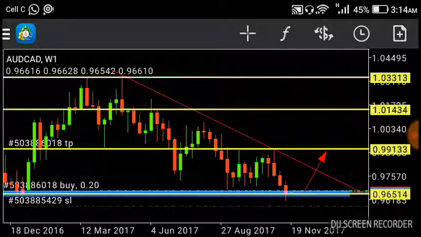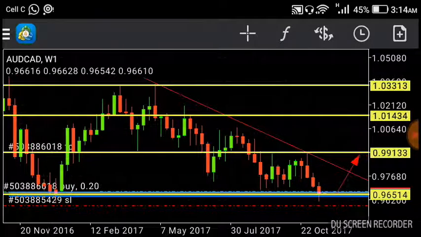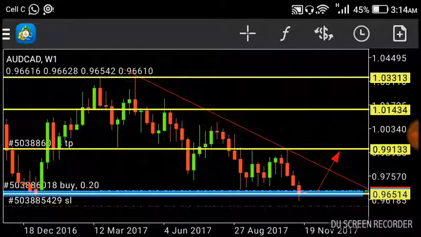So now I just want to show you guys how I actually came about this conclusion regarding the pair. I'm going to take you through a few aspects I take into account before I make any conclusion as to whether the market will continue to go long or will continue to go short or reverse, either way.